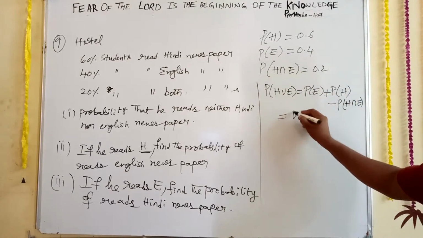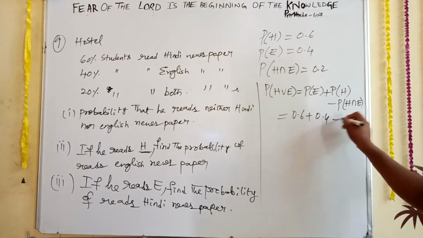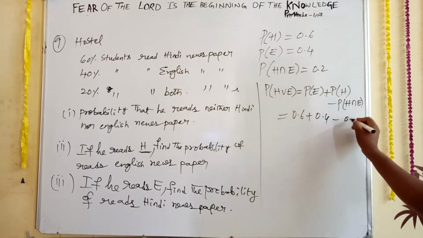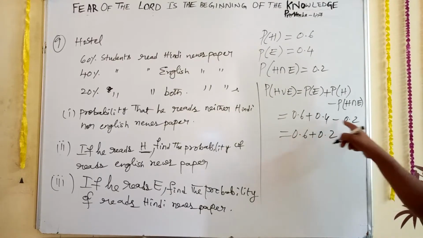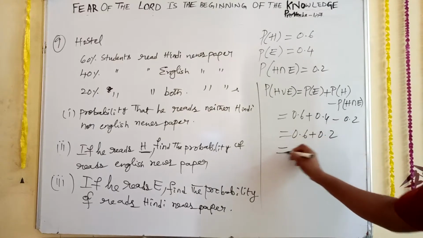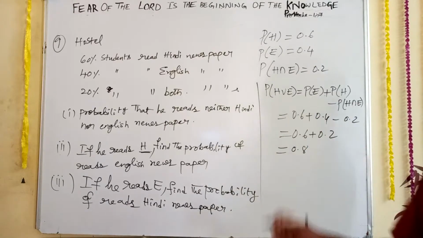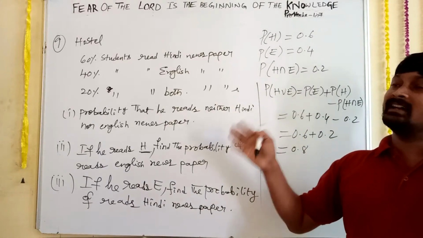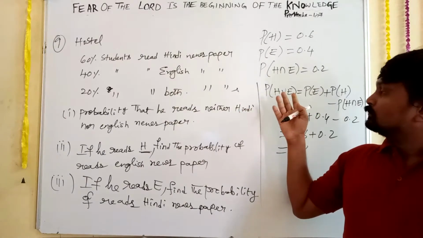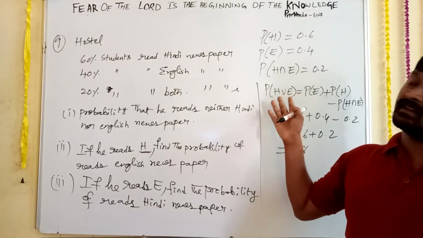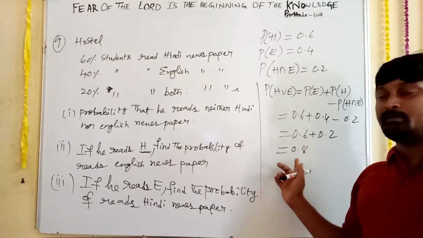P of E is 0.4, P of H is 0.6, add both, minus P of H intersection E, which is 0.2. So 0.6 plus 0.4 minus 0.2 you get as 0.8. So H union E means both together, Hindi and English: students reading at least one newspaper are 0.8.